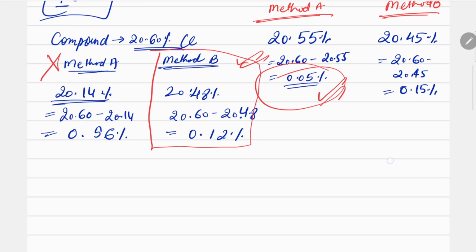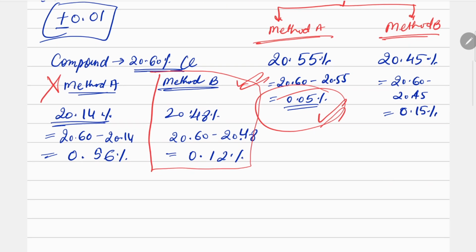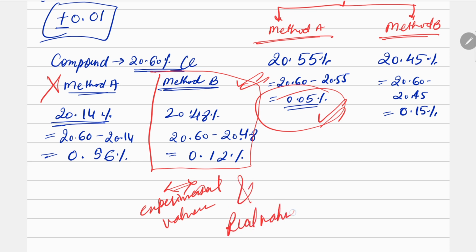Now remember, the accurate value may have a large difference between the experimental value and the real value, but in precision it is very neck and neck competition, and the closest one is the precise value.